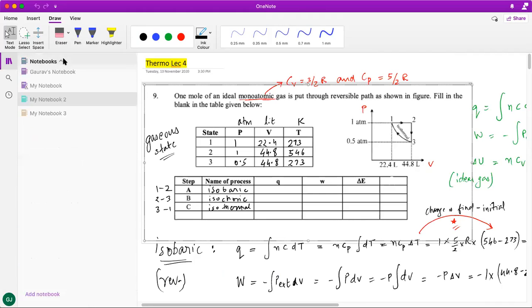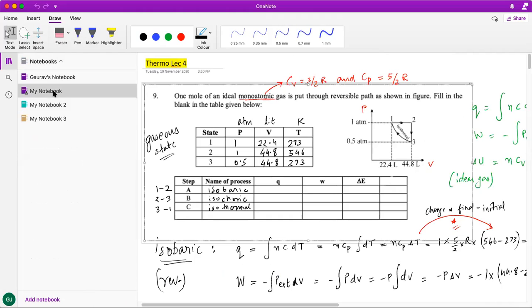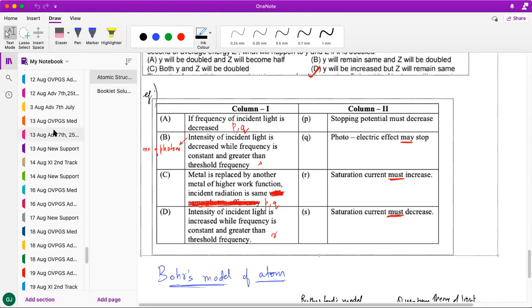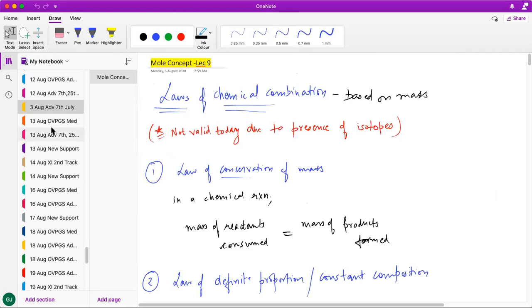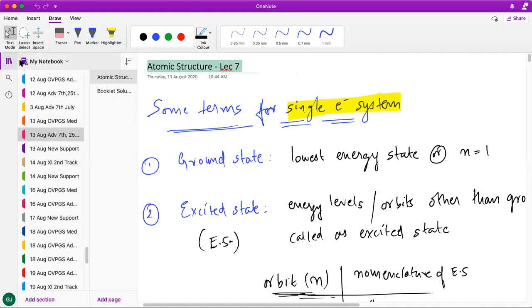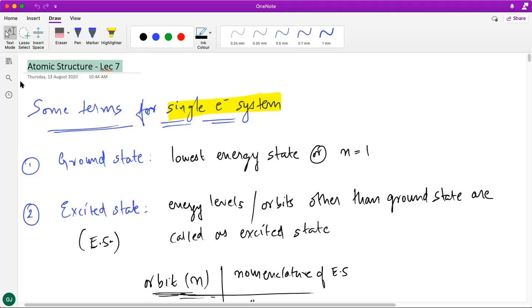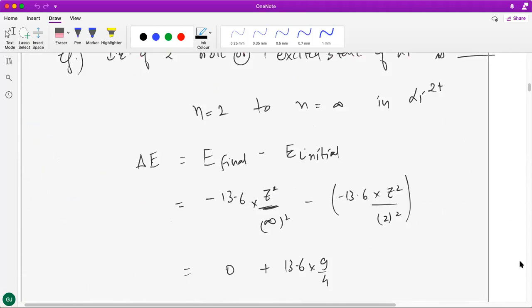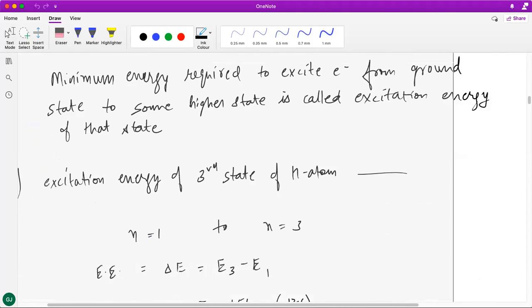Okay, it's not here. Just give me a moment. Yes, correct. So these are some theoretical terms. Okay.